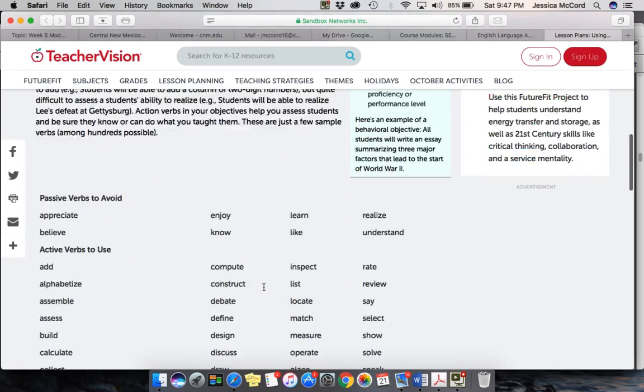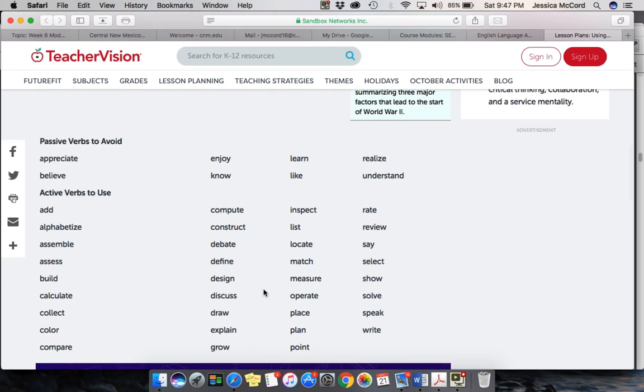And what I want you to pay particular attention to are these verbs to avoid. So we don't use words like appreciate, believe, enjoy, know, or understand is another one. I see a lot of students will understand the character traits in a story, but we can't measure understanding.